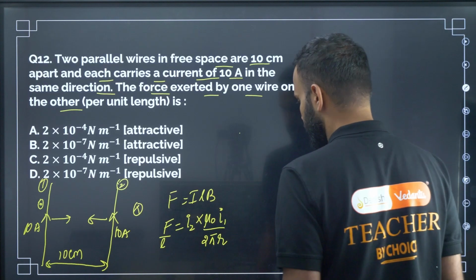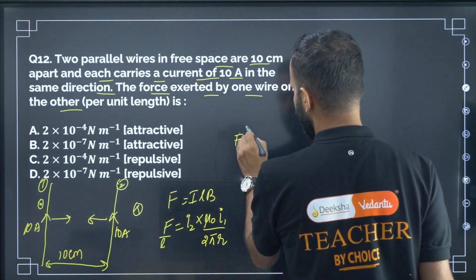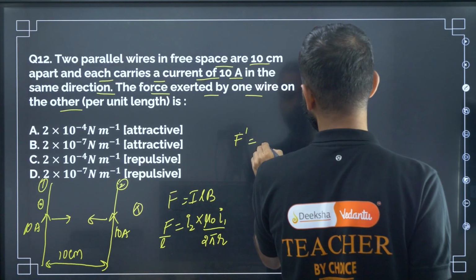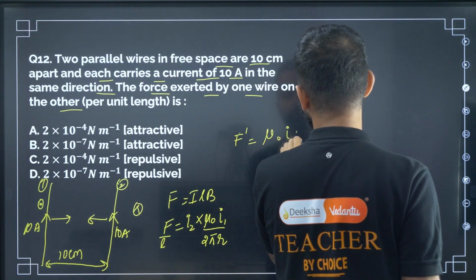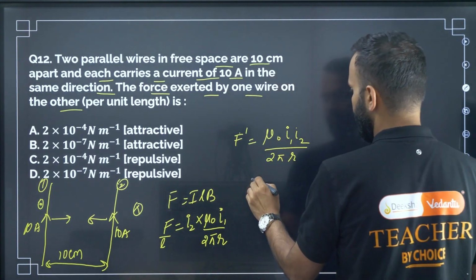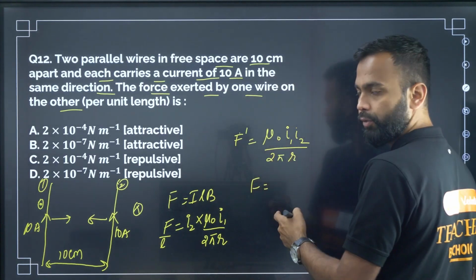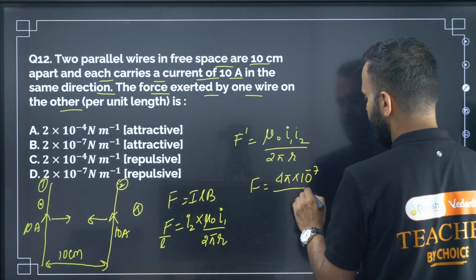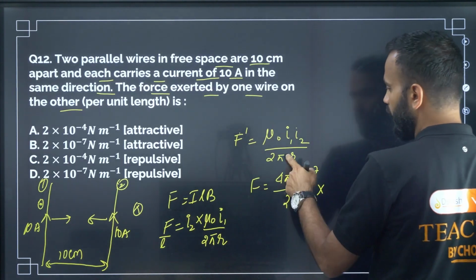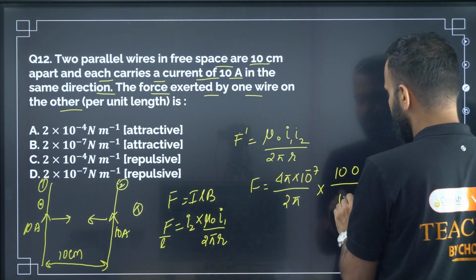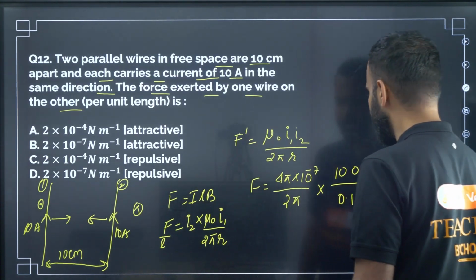So now here F by L is F dash, which is equal to mu naught into I1 into I2 divided by 2 pi r. Now F dash is equal to mu naught, 4 pi into 10 to the power minus 7, divided by 2 pi, into I1 into I2 which is 100, divided by r which is 0.1 meter, okay.